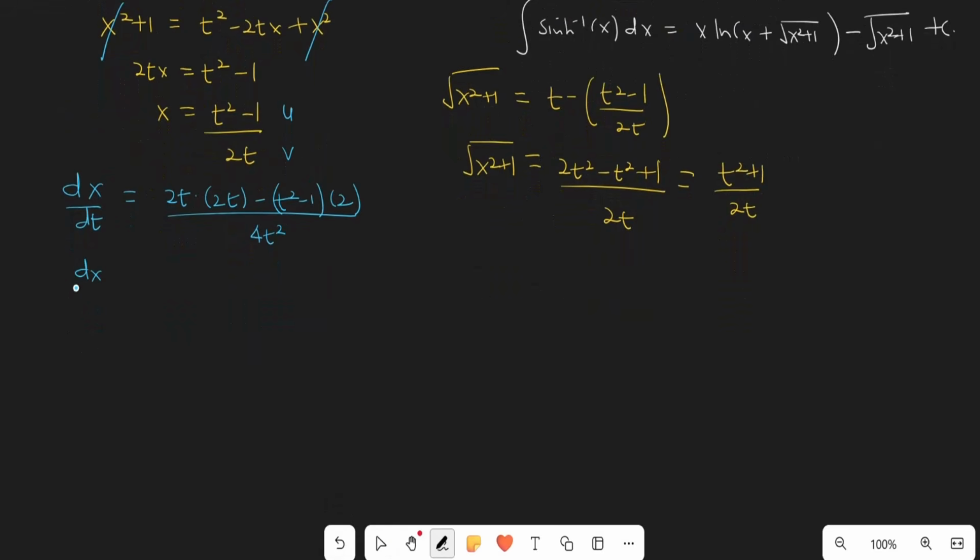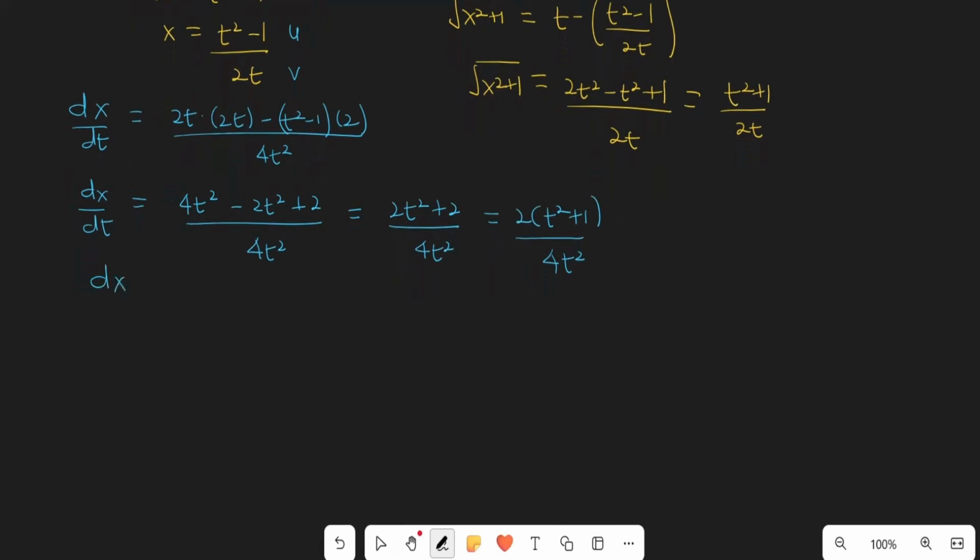So dx/dt is going to be 4t squared minus 2t squared plus 2 all over 4t squared, which equals 2t squared plus 2 all over 4t squared, which equals 2 times t squared plus 1 all over 4t squared. That means dx is equal to t squared plus 1 dt divided by 2t squared, because this will cancel that, leaving 2.